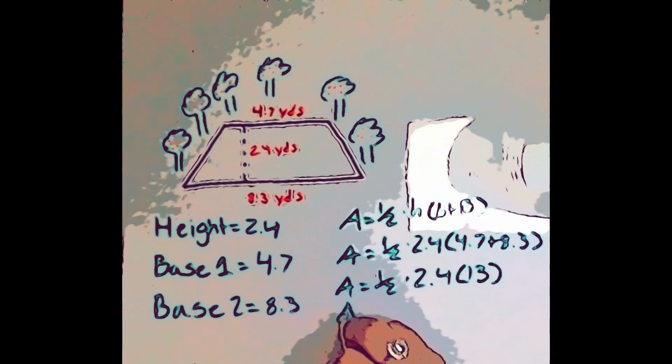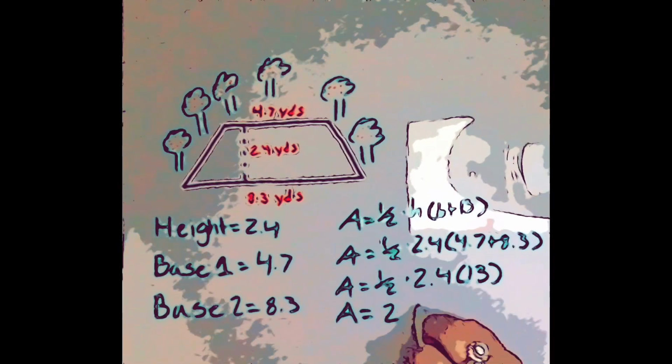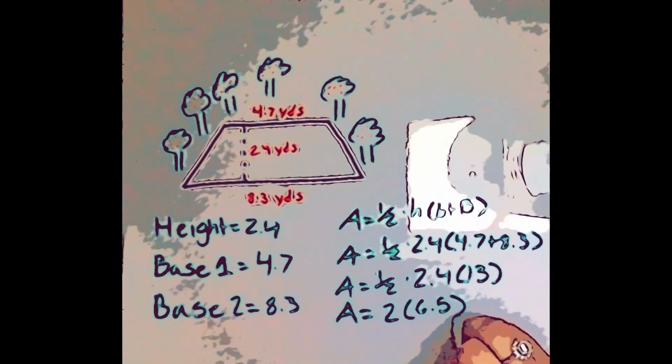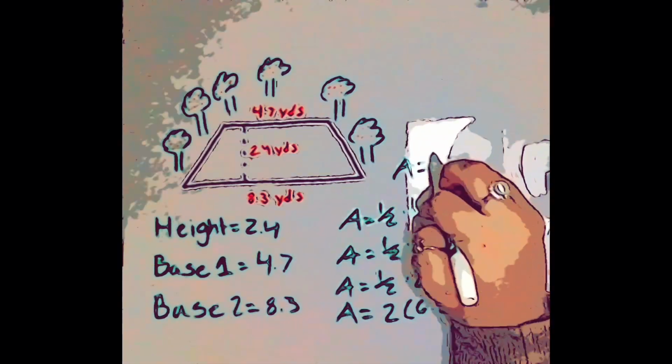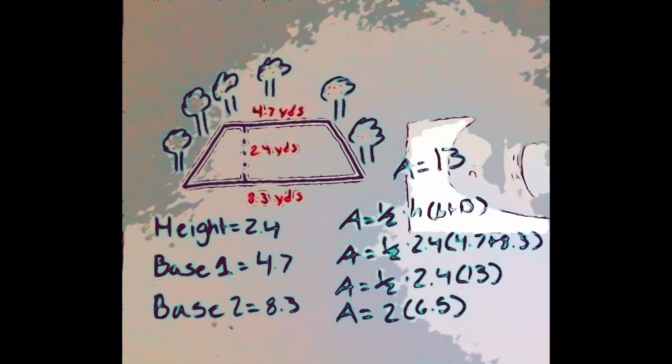And then end up with this. Which means that A equals 13. So that's the area of Tatum's weird trapezoid backyard.